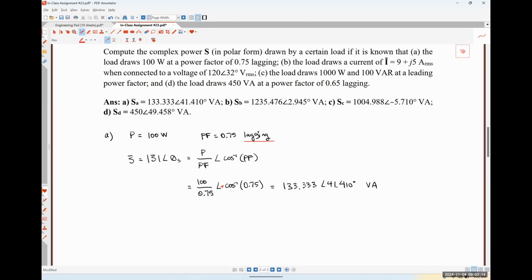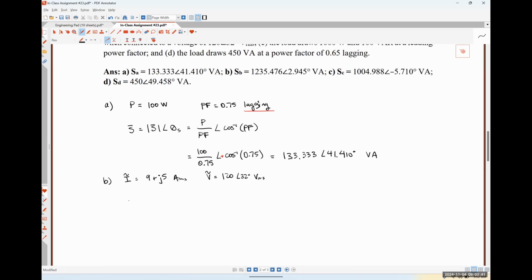All right. So for part B, we have a current of 9 plus J5 amps RMS and a voltage of 120 angle 32 degrees volts RMS. So how are we going to calculate our complex power?